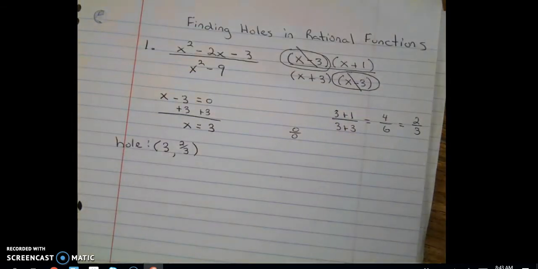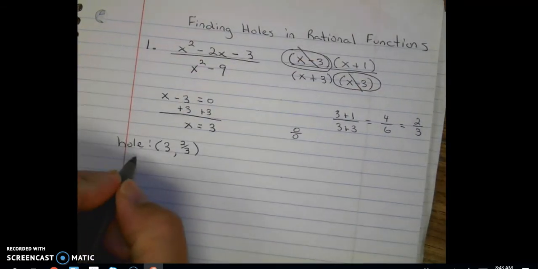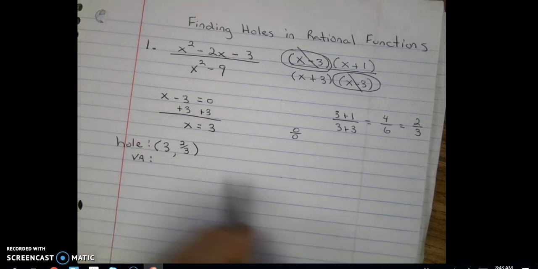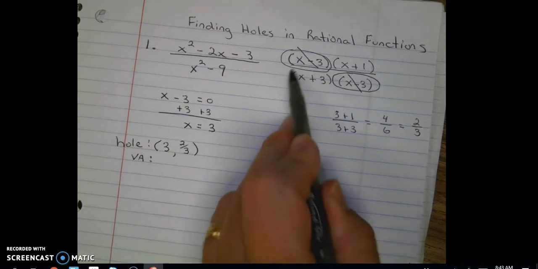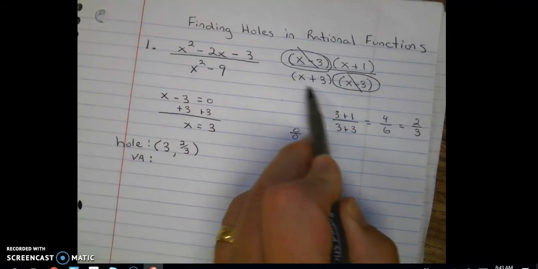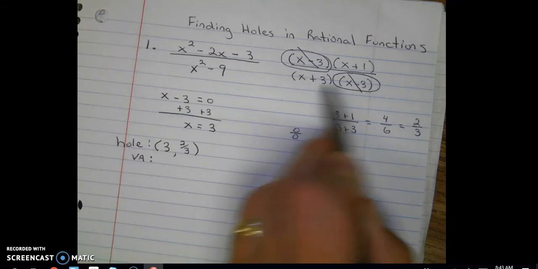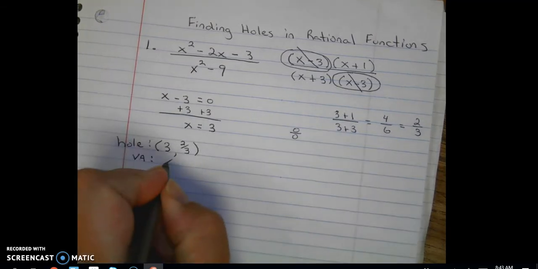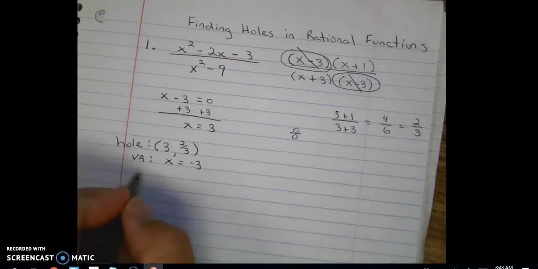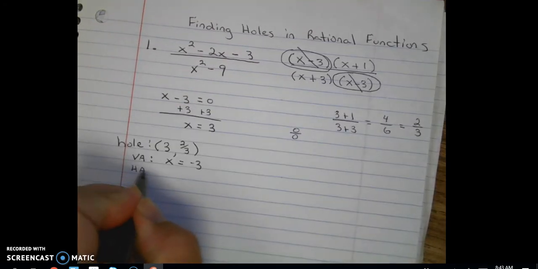Okay, so while we're here, let's go ahead and review how to find our vertical asymptotes. We do have one, and that's going to be located at the other factor in the denominator, so that's going to be at x equals -3. Now the horizontal asymptote.